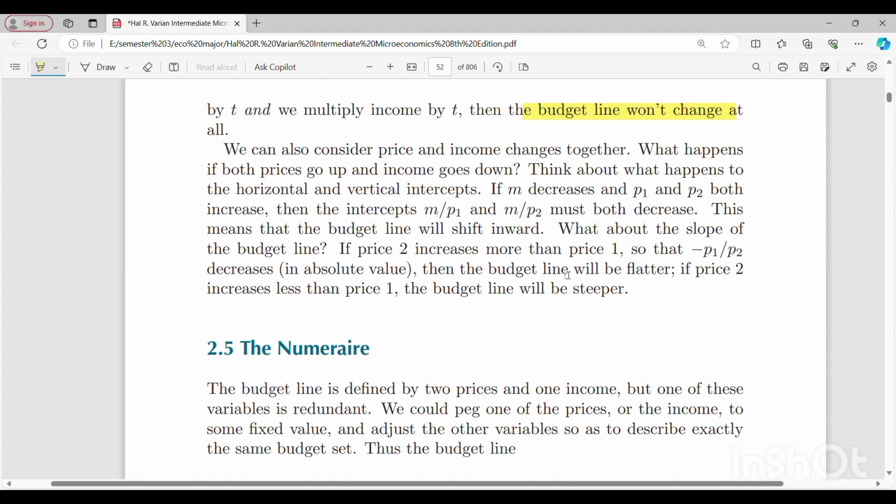Okay, this means that the budget line will shift inward. And about the slope of the budget line, if price 2 increases more than price 1, minus p1 by p2 will decrease. Then the budget line will be flatter. If price 2 increases less than price 1, the budget line will be steeper.